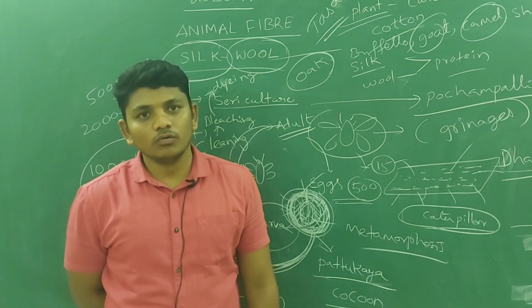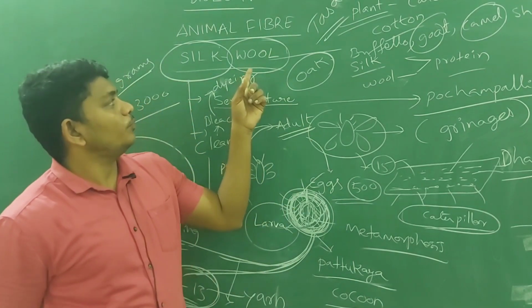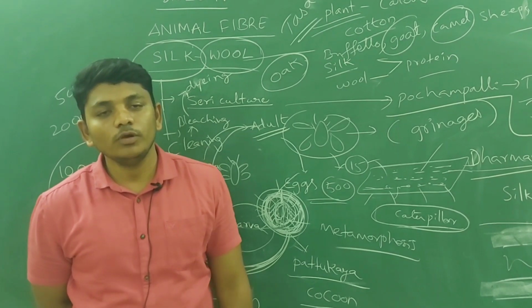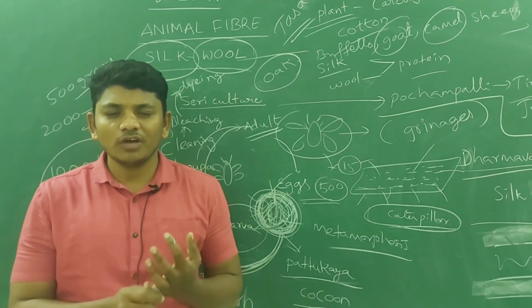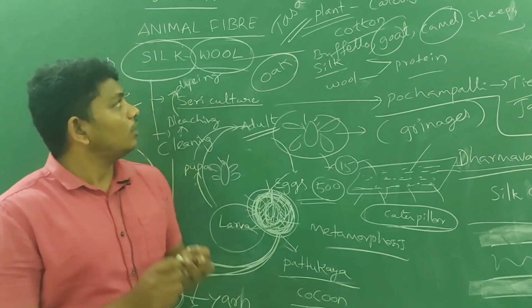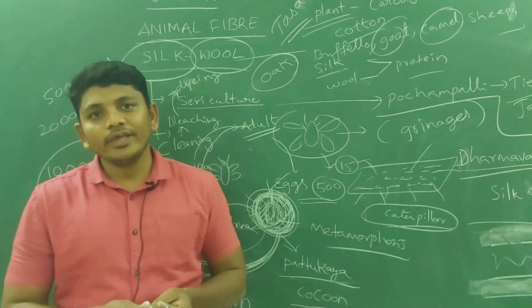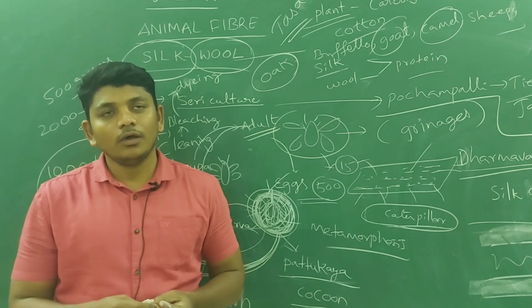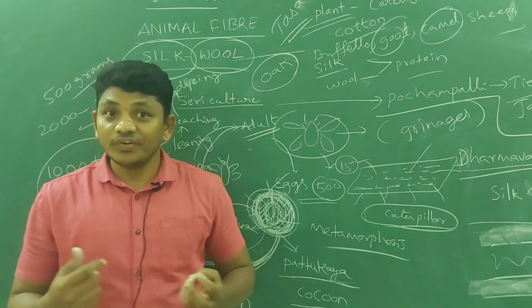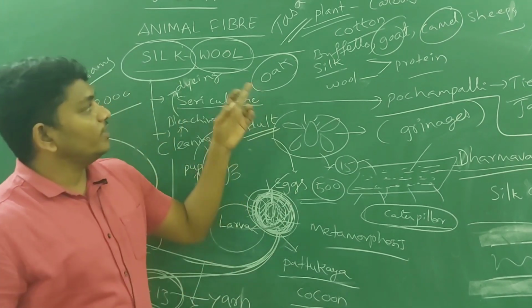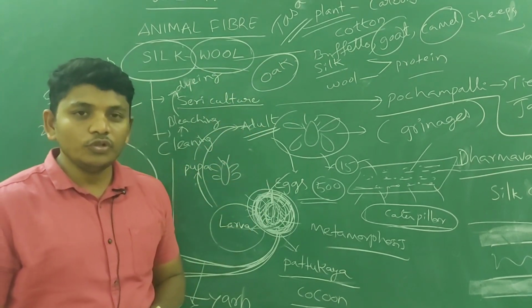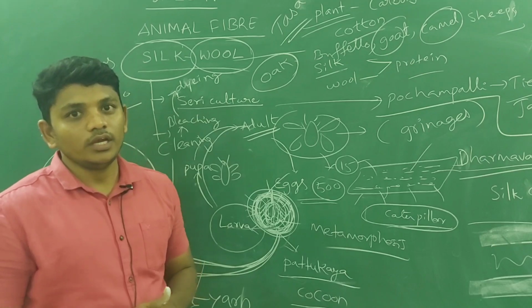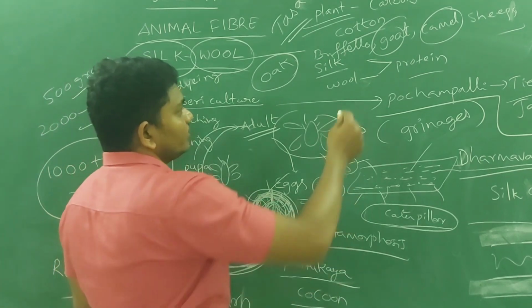So from the Angora goats we can prepare wool materials. Angora wool is very soft and smooth. With the help of Angora wool we can prepare products like sweaters. Okay, it is mostly useful for producing sweaters.